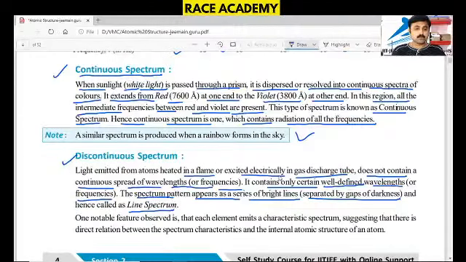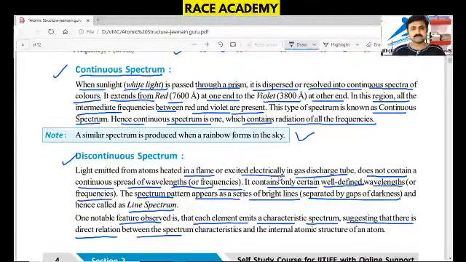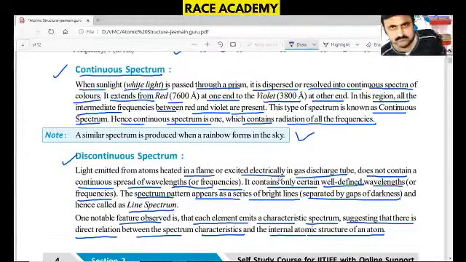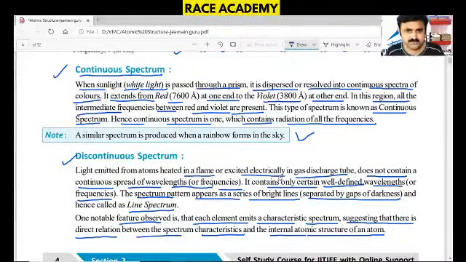One notable feature is that each element emits a characteristic spectrum, suggesting a direct relation between spectrum characteristics and the internal structure of the atom. So continuous and discontinuous spectra are different: continuous means there is no gap, it's a band, while discontinuous means the lines are separated by darkness.